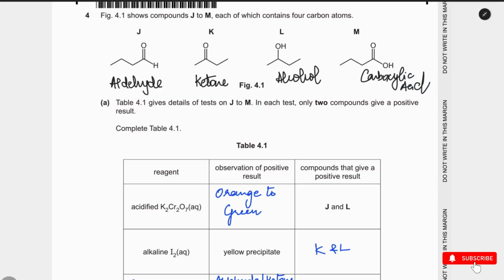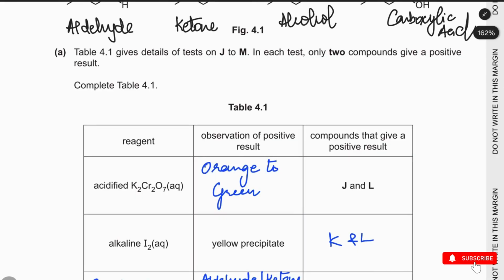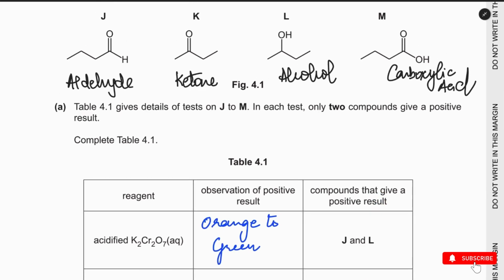Carboxylic acid. Okay, so for the first one, acidified K2Cr2O7, which is potassium dichromate, in aqueous solution. So we need to talk about the observation of a positive result. As you can see, the compounds that give a positive result are J and L. They have already given us J and L, which are aldehyde and alcohol.